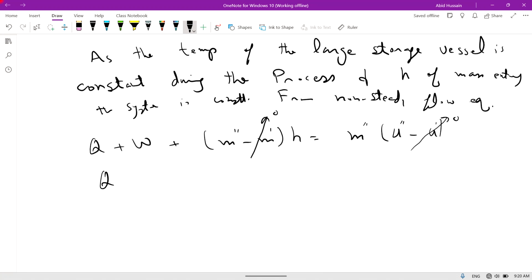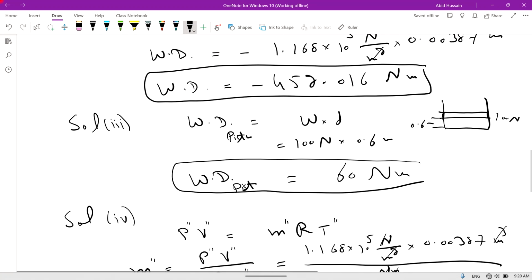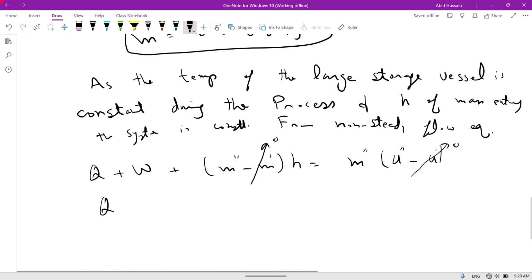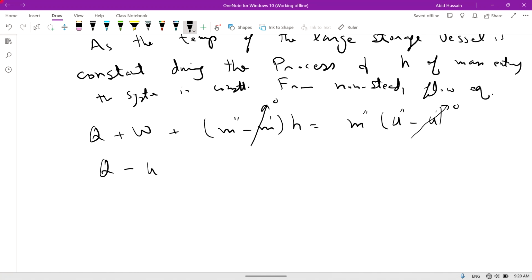So Q is required, plus W. We already found W for the air, which is minus 452.016 Newton meter.